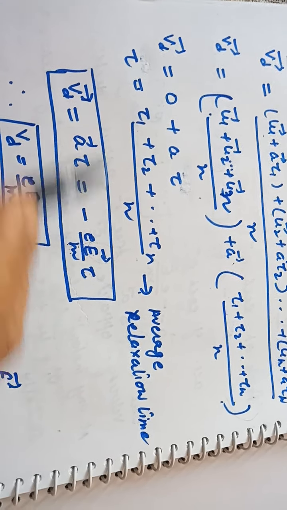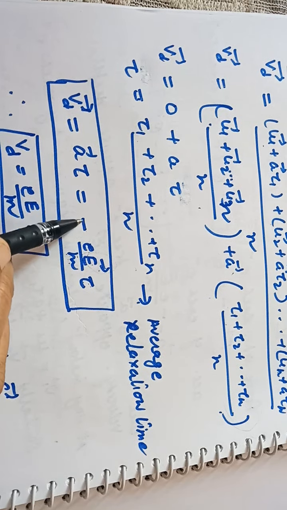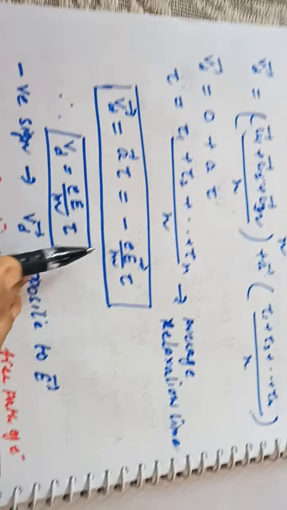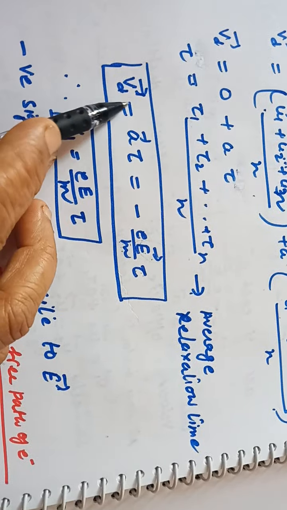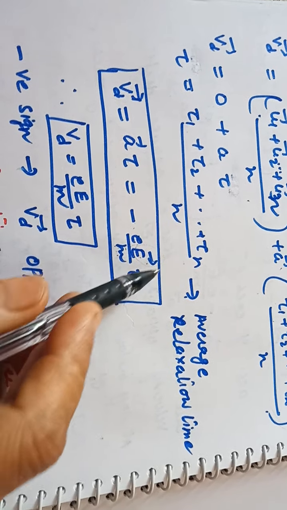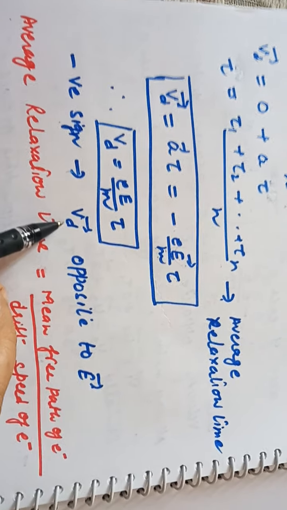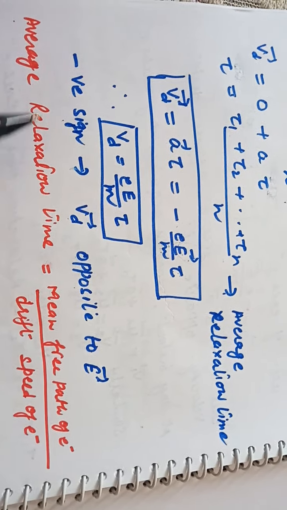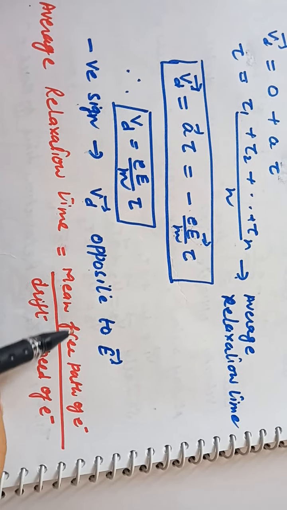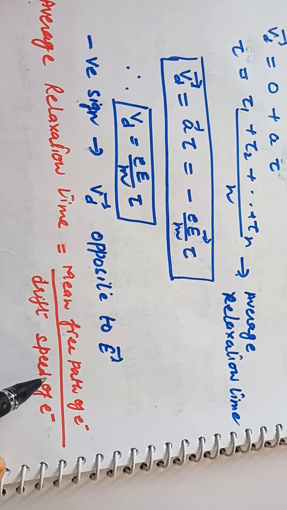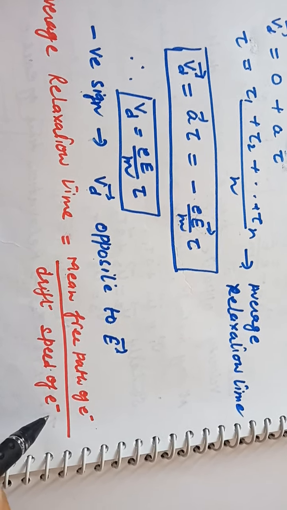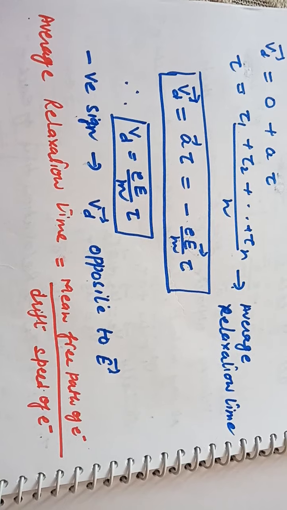According to this expression and this negative sign, we have concluded that the electron drift velocity is always opposite to the direction of the applied electric field. Negative sign, Vd opposite to E. And the average relaxation time is the mean free path of the electron divided by the drift speed of the electron. So this is all about the drift velocity.